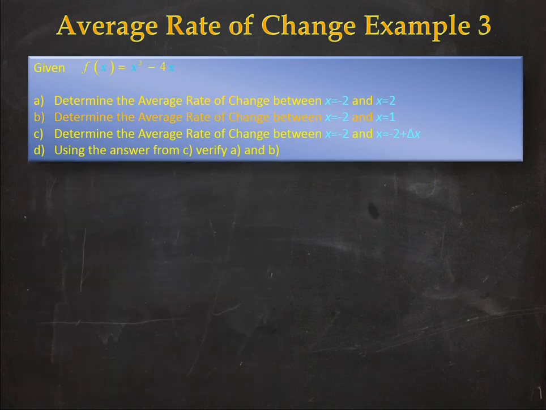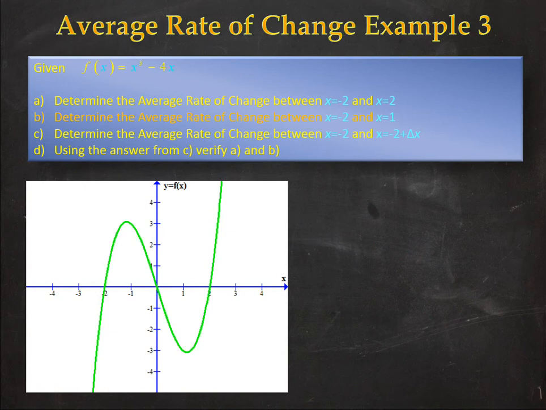A bit more interesting. Same function, same graph, but 2 different points, or at least 1 different point. So x equals minus 2 for my first point, and let me put x equals 1. And again, we want the slope of the line segment, the slope of the secant that joins those 2 points. There's a delta x, there would be a delta f, and there, of course, would be the secant, and we want the slope of the secant.